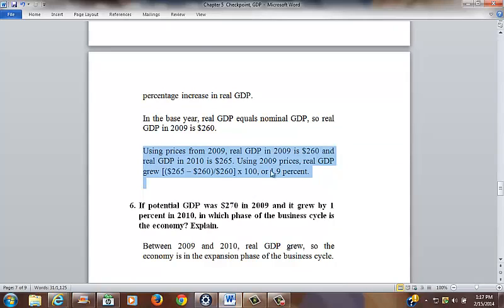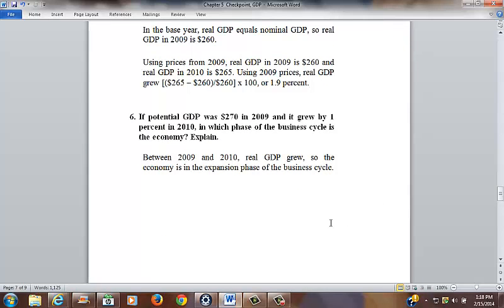Real GDP in 2009 is $260, and real GDP in 2010 is $265. Then using 2009 prices, real GDP grew by 265 minus 260 divided by 260 times 100, or 1.9%. So what's the percentage difference? 1.9%.